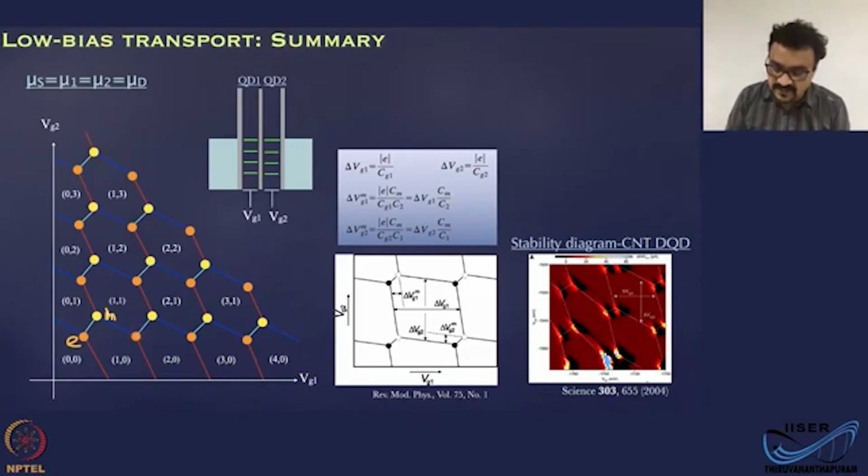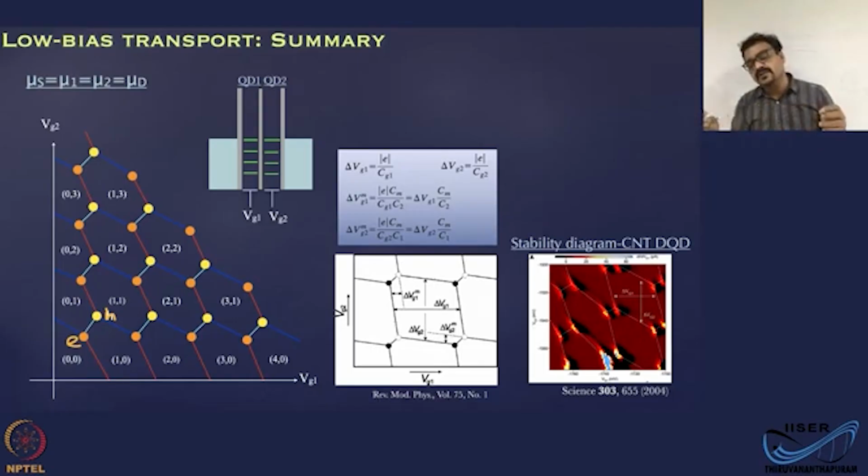Across this boundary, 1 1 and 2 0 are degenerate, and so on. And from the geometry of these hexagons, you can extract capacitances associated with various gates of the dot. That also we discussed.